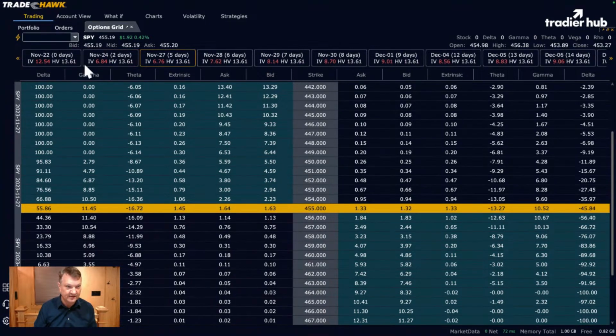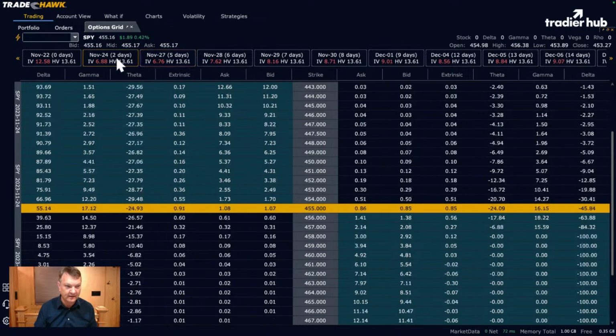We can do 0 days. Let's do 2 days. Now watch how quickly we get to 1 on this option contract and how gamma pushes it that way. We do this, and now that 450 strike is at 100 delta, right?